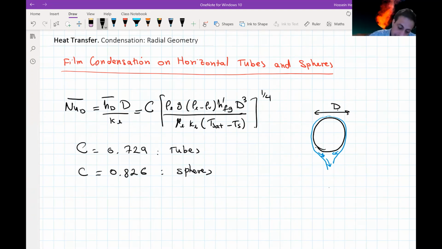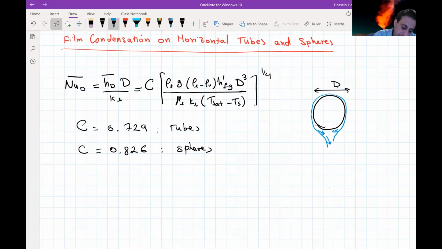Now, when we are designing condensers or condensation heat transfer equipment, it's very normal to have a stack of these tubes vertically aligned.